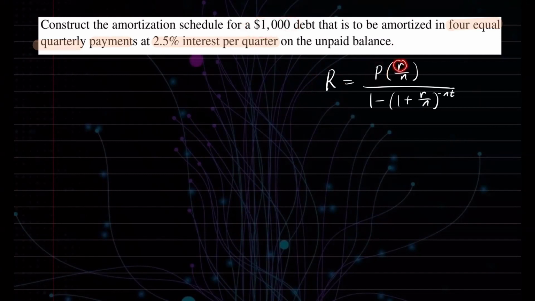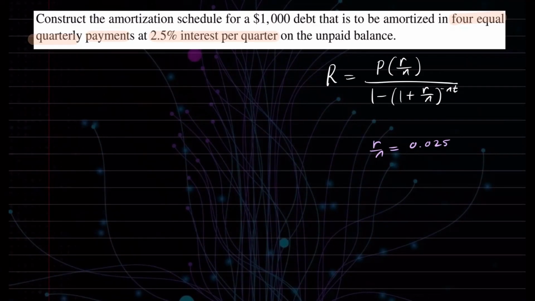The little r is the interest rate over n. Since we're not given a yearly interest rate, we're given a quarterly interest rate, we know that our r over n value is going to be 0.025, because this is a quarterly interest rate rather than a yearly one.